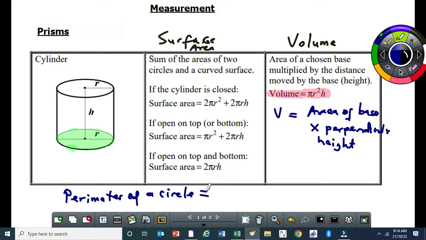All right. The perimeter of a circle is equal to 2 pi r, which means 2 times pi times the radius of that circle. Perimeter refers to the length of the circumference.